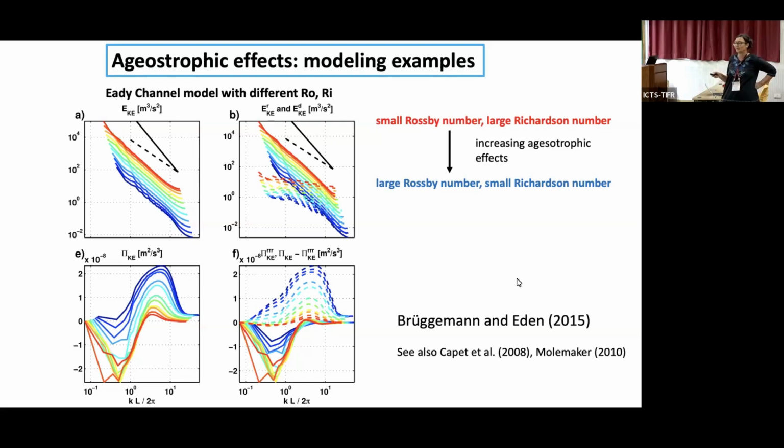You go here from red to blue, from small Rossby number to large Rossby number. Then you can also look at the relative importance of rotational and divergent parts, and also at the spectral fluxes. What you see here is that the larger your Rossby number gets, the larger your forward cascade becomes, and this is here the divergent parts and the rotational parts.